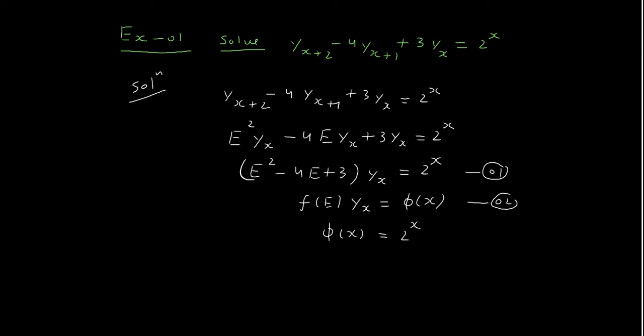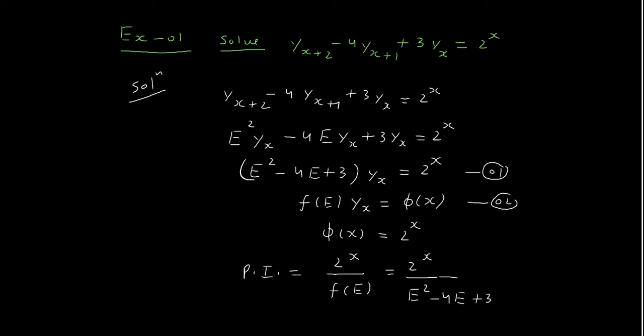So how do we find the particular integral? The particular integral becomes phi of x, that is a to the power x upon f of E, where f of E is E squared minus 4E plus 3. Just put the value of a in f of E: in place of E, we write a.